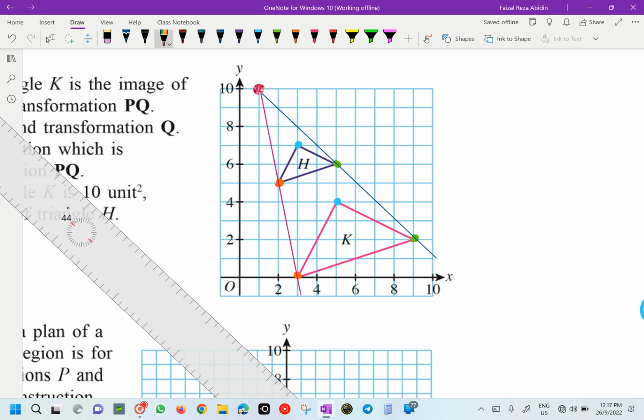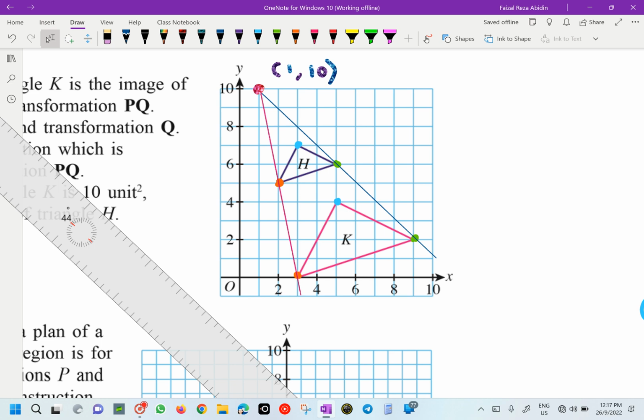Both of our lines intersect at one point, which is 1, 10. This is going to be our center of enlargement. So is the scale factor going to be the same? Yes, it's going to be the same.